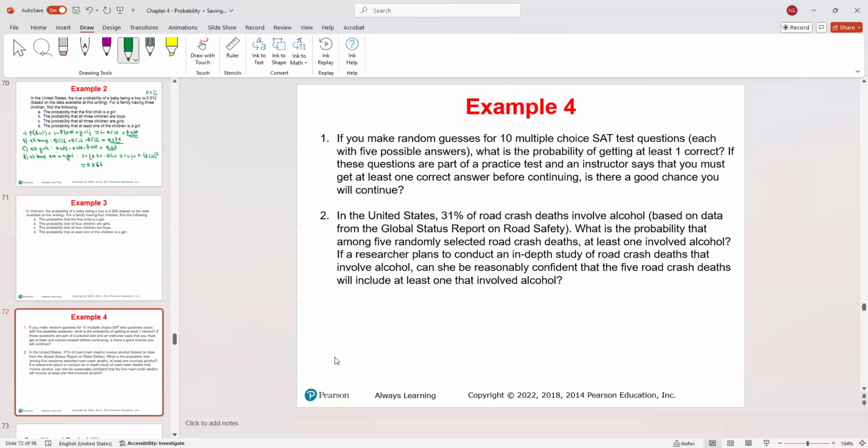If these questions are part of a practice test and an instructor says that you must get at least one correct answer before continuing, is there a good chance you will continue?